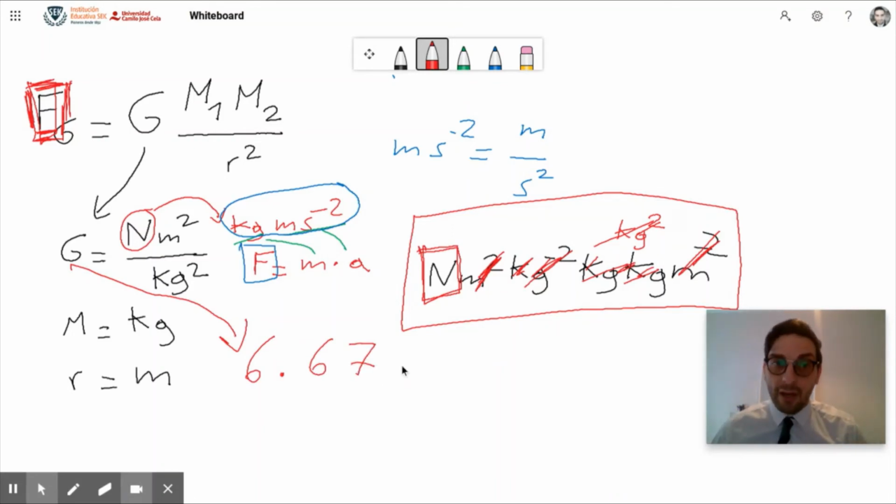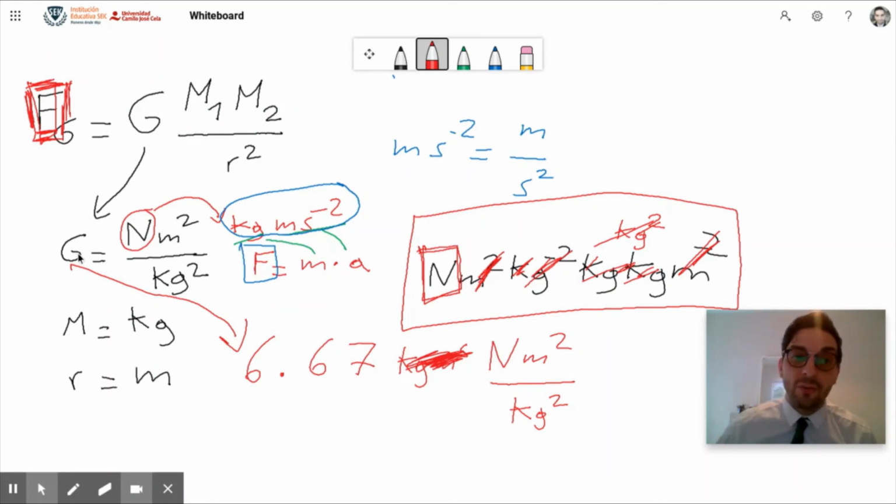And now you can write the unit kilogram meter square seconds, everything, we're going to put it as a Newton, so it's easier. Newton meter square over kilogram square. And this is the unit of the constant G.